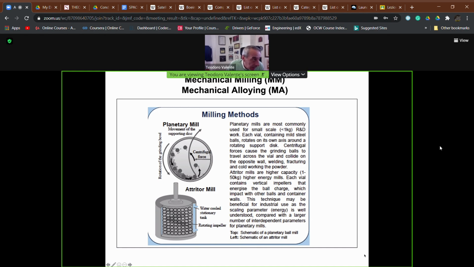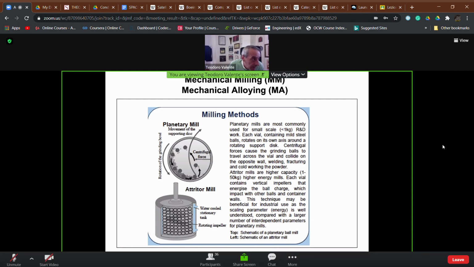In our case, for the fabrication of oxide dispersion strengthened materials, we need to start with metallic alloy powders and ceramic powders, and then perform the solid solution and the final fabrication of the alloyed powders.